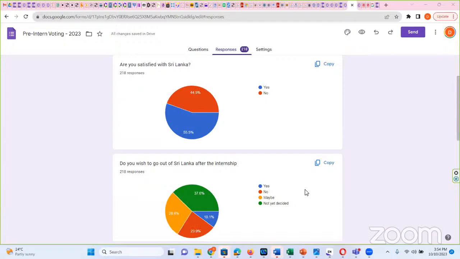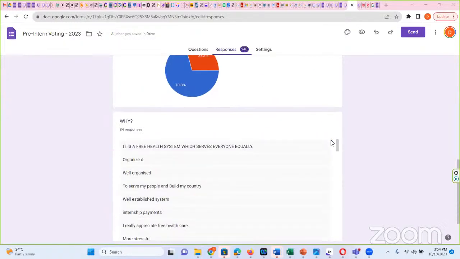You can continue to load the responses, but it's almost 10% who wish to go out of Sri Lanka after the internship, and others not yet decided is about 37%, maybe 28% definitely know about part of the people. Yeah, it's good. I just wanted to know before going to the next slide.